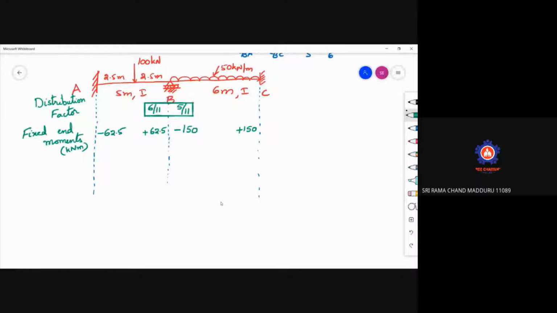So after writing these fixed end moments, now we have to do balancing. What does it mean by balancing moment? Just observe at the joint B. We know the joint condition that is to be followed at support B: the final moment MBA should be equal to MBC numerically. That means MBA plus MBC is equal to 0.